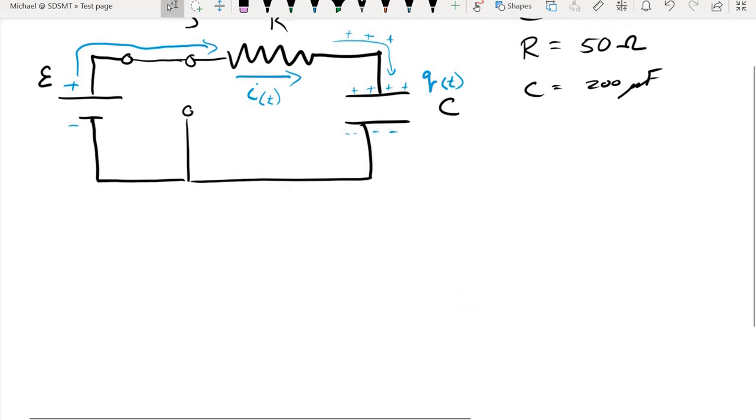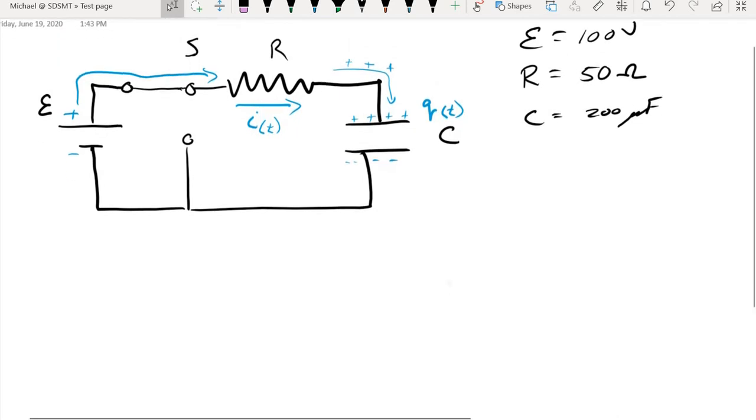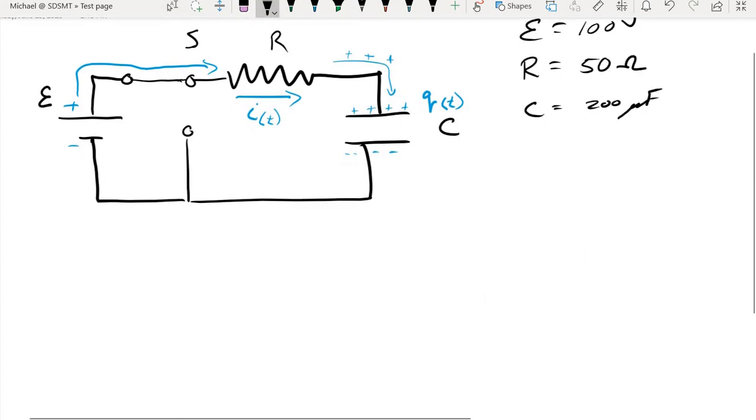And so we need to put some math to this, and to help us out, we're going to consider some extreme situations. The first extreme that we'll consider is how much charge was on the capacitor when time equals 0.